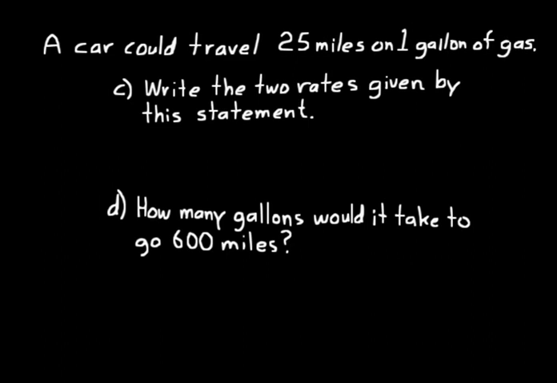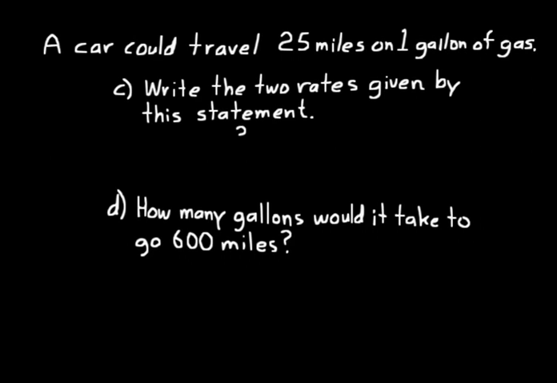Let's do one more rate problem. Let's read that statement. A car could travel 25 miles on 1 gallon of gas. So in C, we want to write the two rates given by that statement, and in D, we want to figure out how many gallons would it take to go 600 miles. Okay, well first let's write our two rates. 25 miles on 1 gallon.